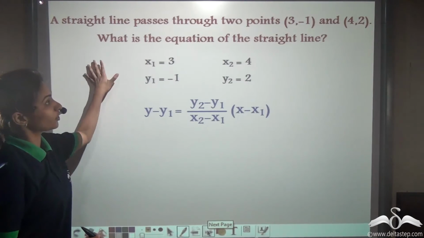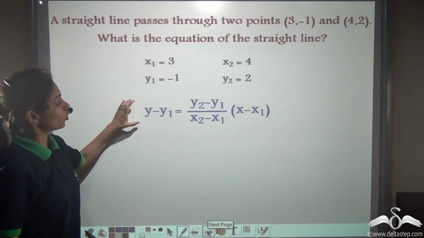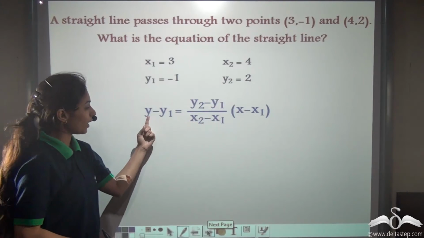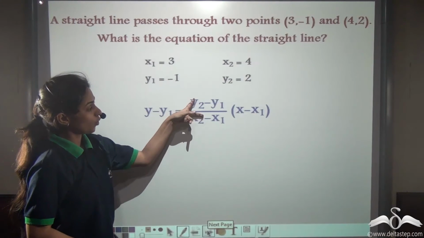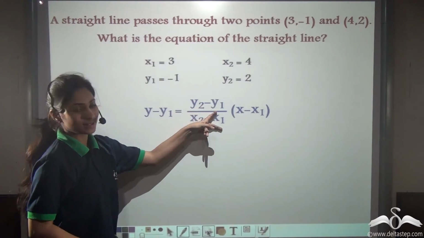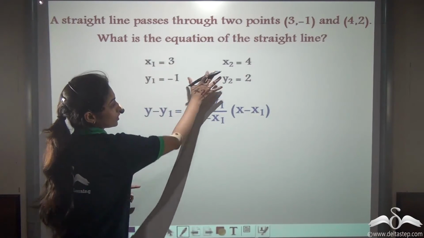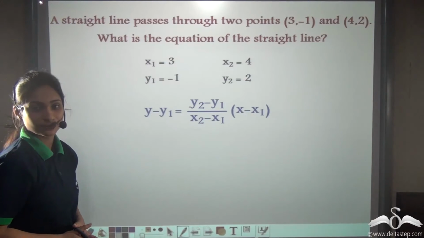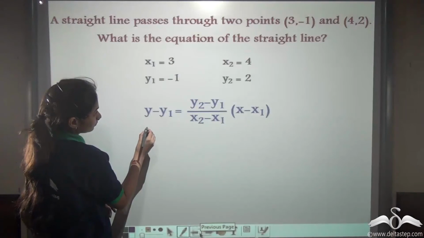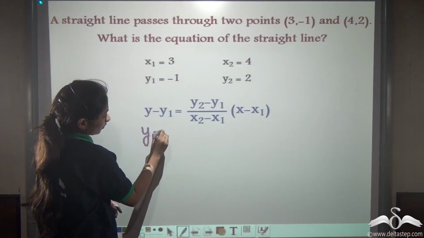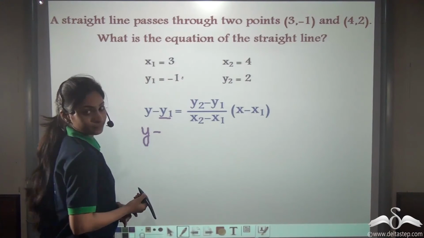Now we have to find the equation of this straight line. So use this formula. y minus y1 is equal to y2 minus y1 by x2 minus x1 into x minus x1. So just substitute these values and tell me what will you get. y1, which is minus 1.